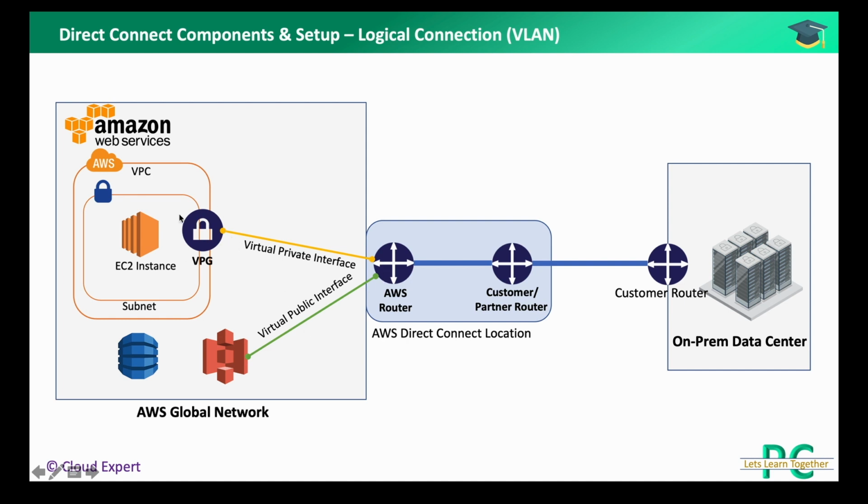If you are connecting to a VPC or any private endpoint or any private service, you have to create a virtual private interface. If you are going to access any AWS public endpoint like DynamoDB, S3, or CloudWatch, in that case you have to use a public interface. Now you might be asking, are these the only two types of interface available in AWS? Let's see.